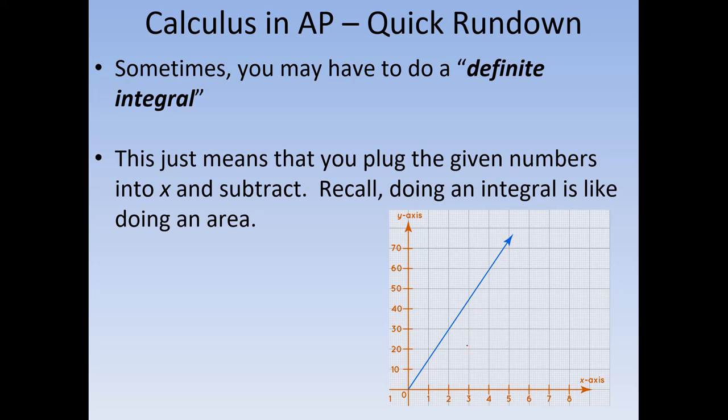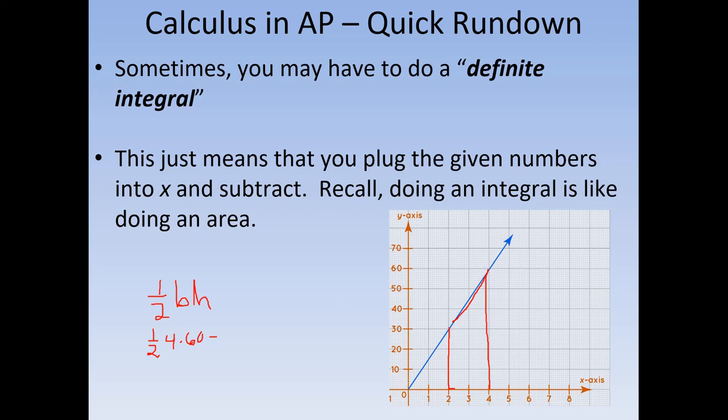If I asked you to take the area under this graph between 2 and 4, you should know that one of the ways you could do this is by taking the area under the curve. This is a triangle shape, so I could do half base times height, where this is 4, so 1/2 of 4 times 60.